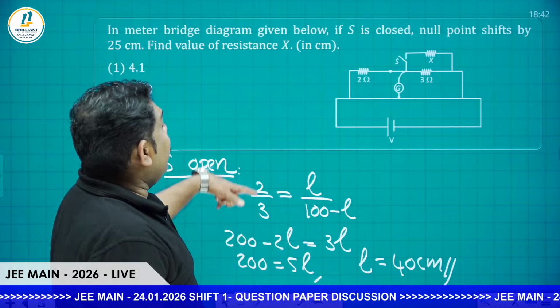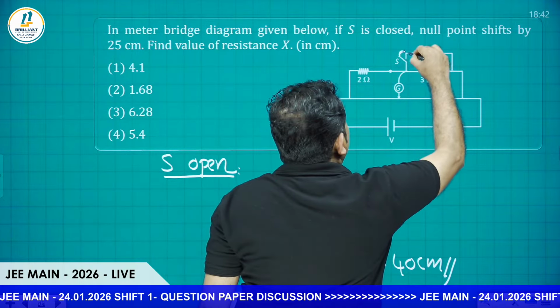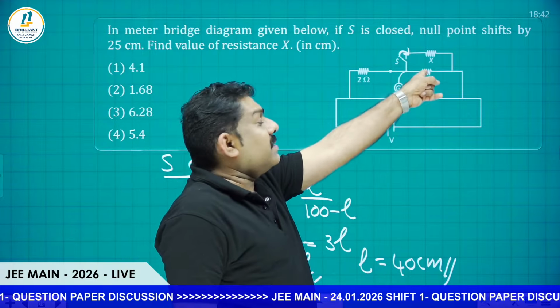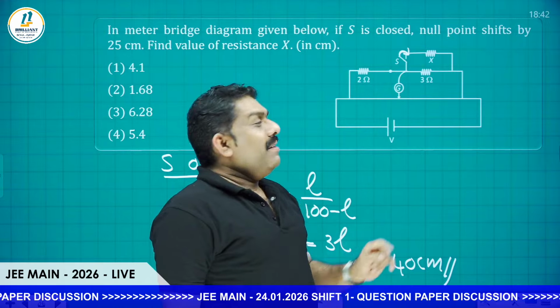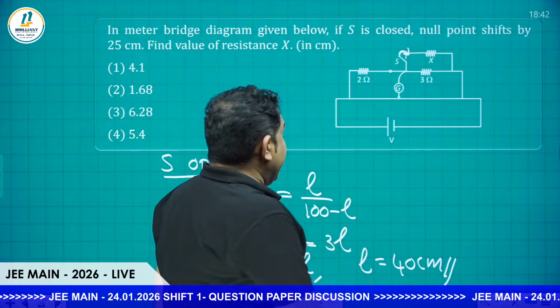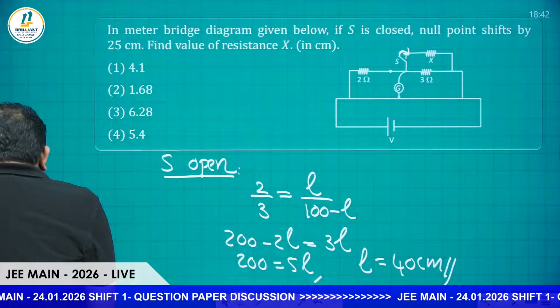Now we are closing the switch. When the switch is closed, what happened? The right gap resistance is not only 3. We can say that 3 and X are in parallel. So we can find the equivalent resistance in the right gap.